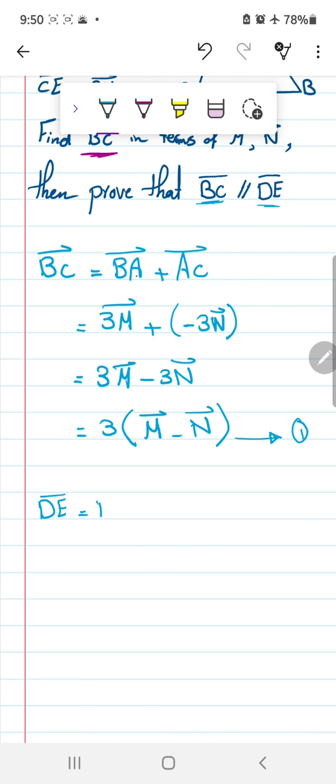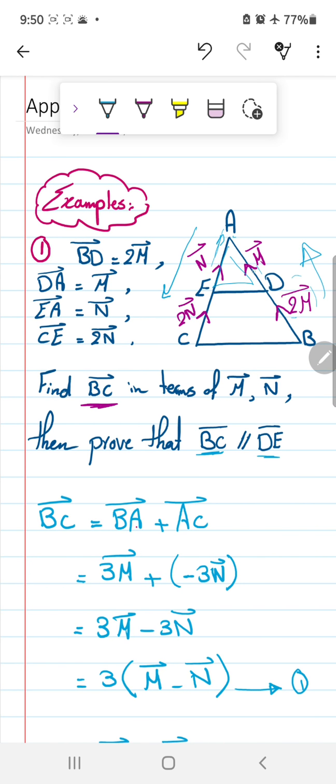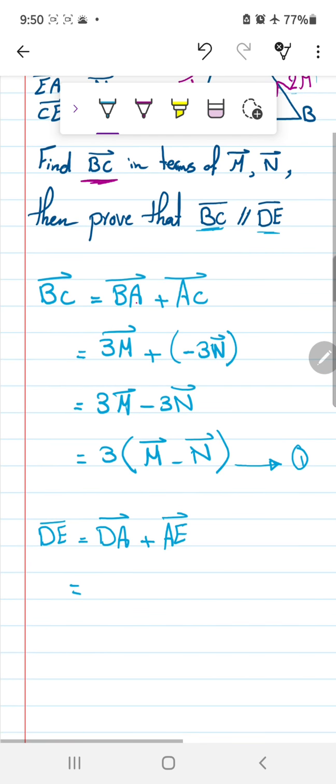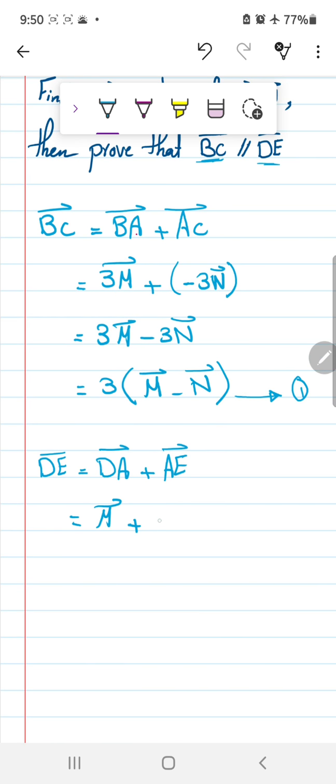So here DA plus AE. Substitution. DA equals what? DA in the same direction, it will be m vector, plus AE. We have EA n vector, so AE in the opposite direction will be negative n.